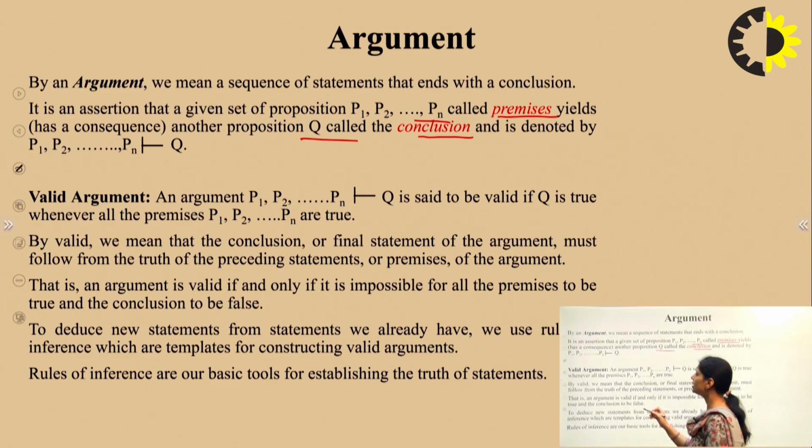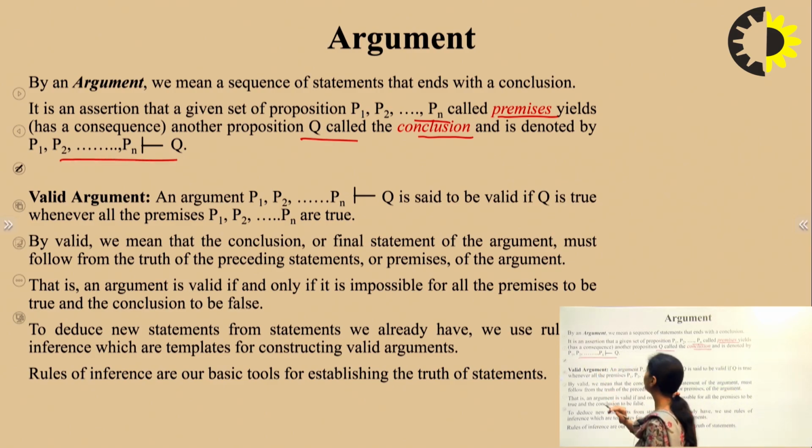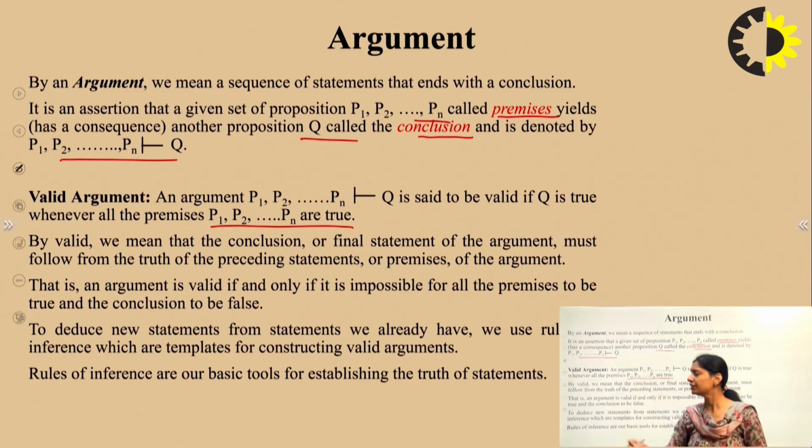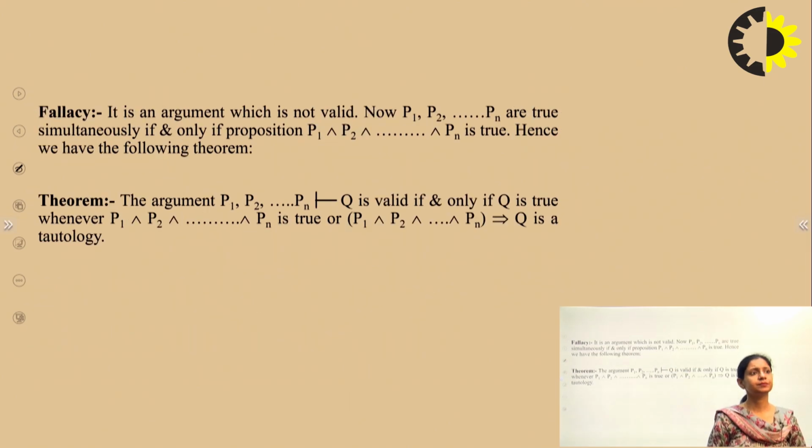The arguments are written as P1, P2 till Pn, which implies Q. Any argument is a valid argument if Q is true whenever all these premises are true. Otherwise, we get a fallacy where P1, P2, Pn are true, but the result is not true, or the result is true but one of the propositions is not true.